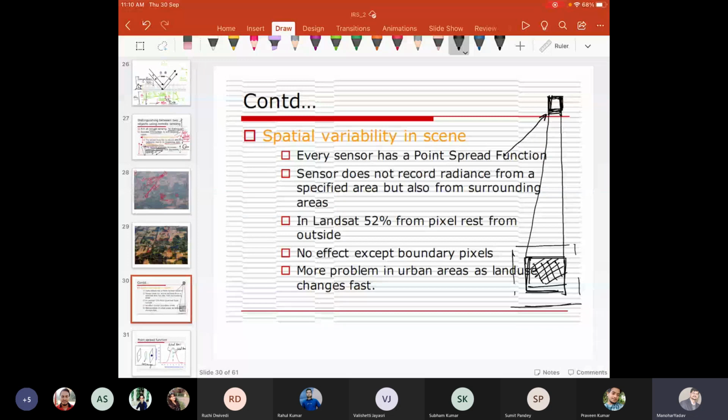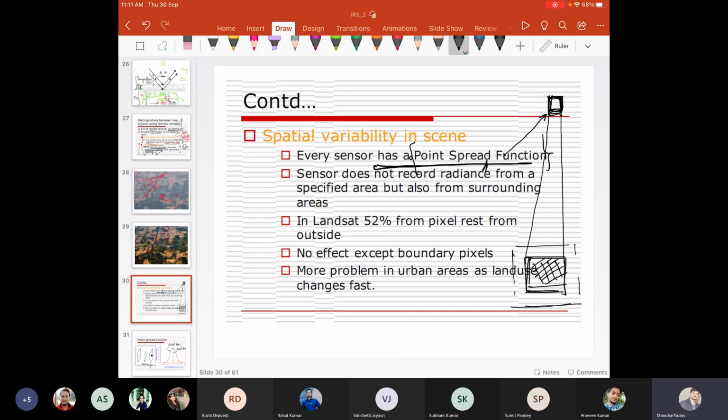Energy coming from that area is also sensed by this sensor. So every sensor has a point spread function. We can't say that it can focus on just a particular area. Due to the point spread property, it also senses the area that surrounds the ground resolution cell.